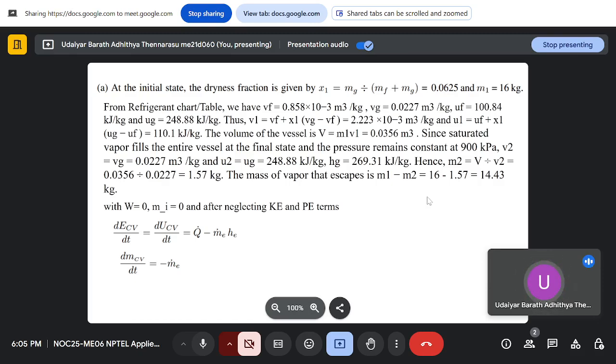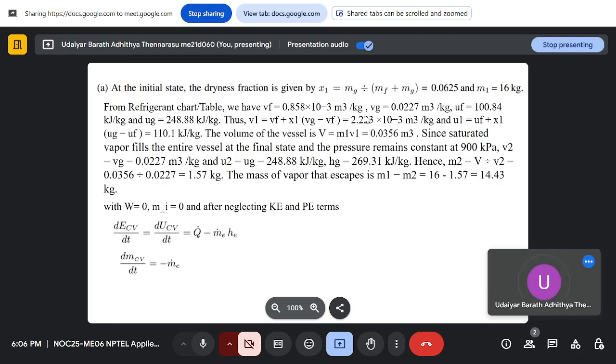And similarly we are finding out the internal energies, and from this we can calculate the specific volume at that given point for this mixture. The specific volume is given as the specific volume of saturated liquid plus dryness fraction into the difference in specific volume of saturated vapor and liquid.